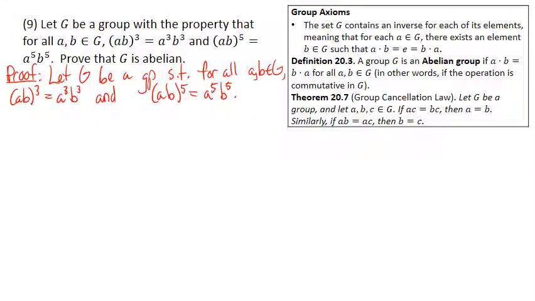Okay, and we have to prove that G is abelian, and we cannot rely on any other equations other than these, so we're going to have to do everything from these.